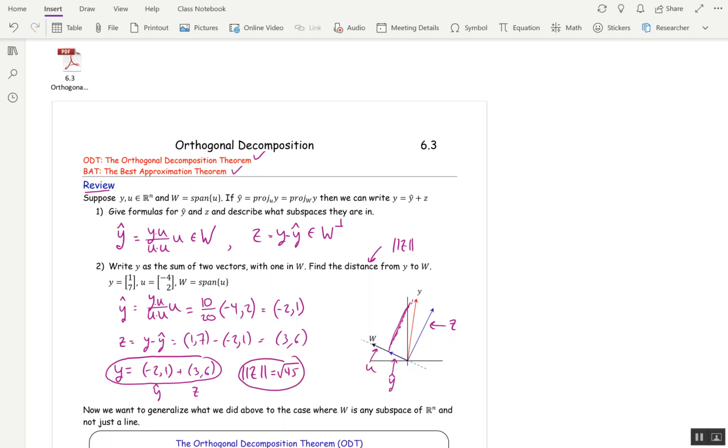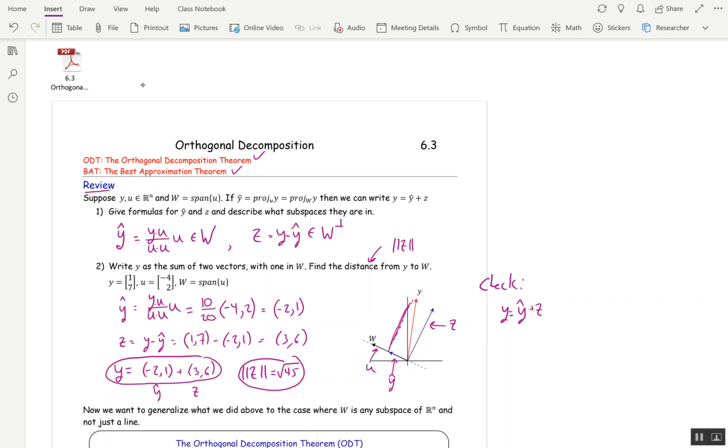Now, when you do this orthogonal decomposition of y, there's a safety check. So I'll do that over here. Check. There are two things you want to check when you find a decomposition like this. One, is y really equal to y hat plus z? It seems obvious, but if it doesn't work, then it doesn't work.